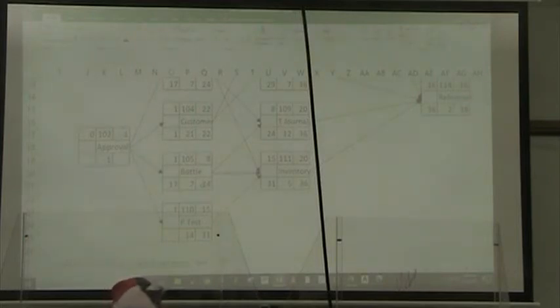And for the production test, equals our late finish minus our duration.